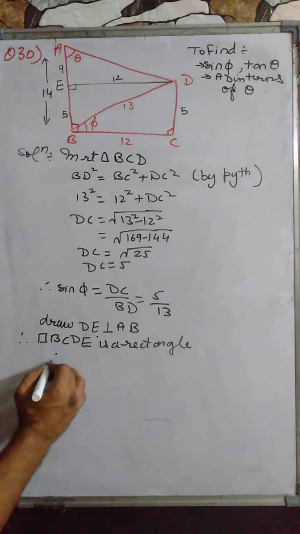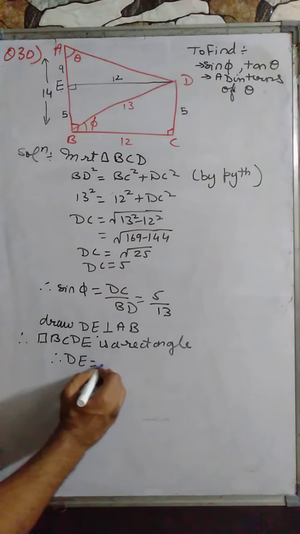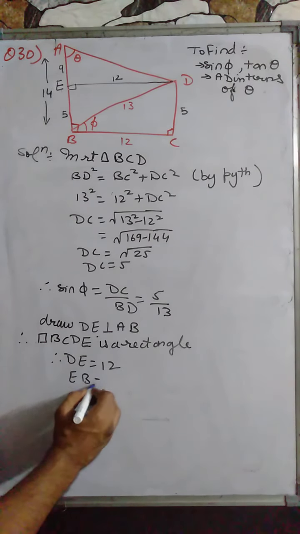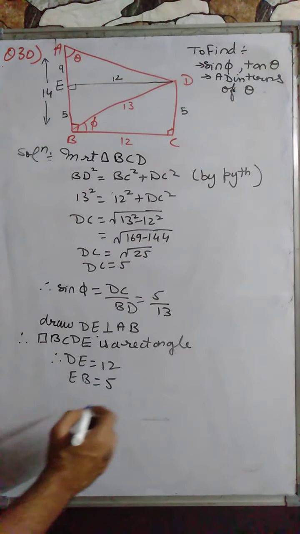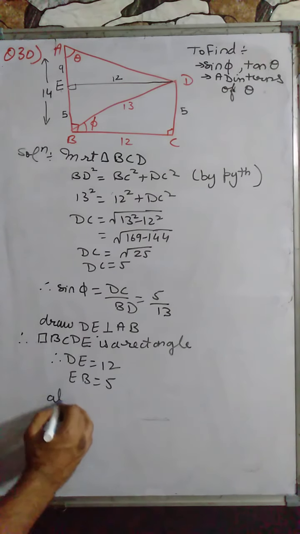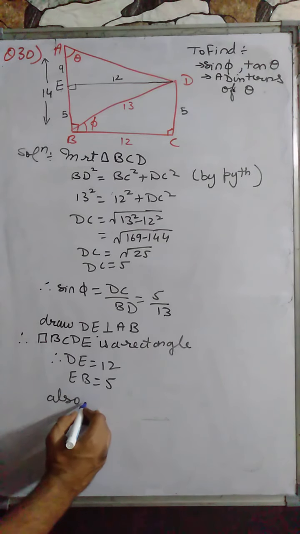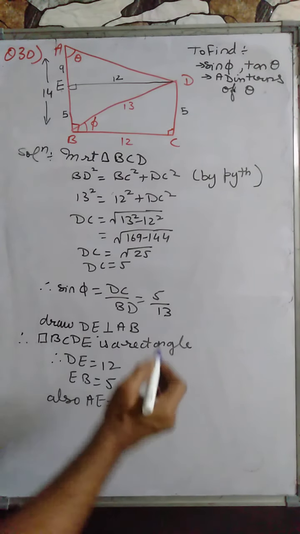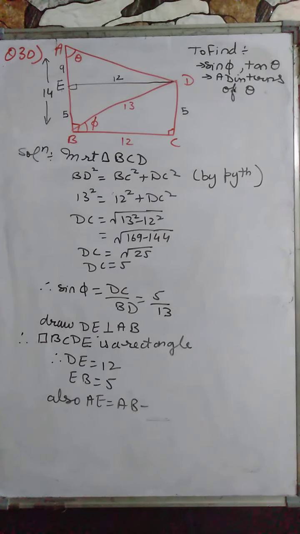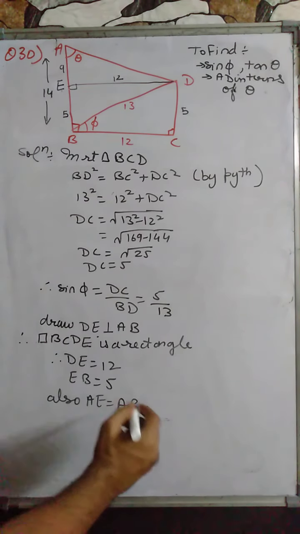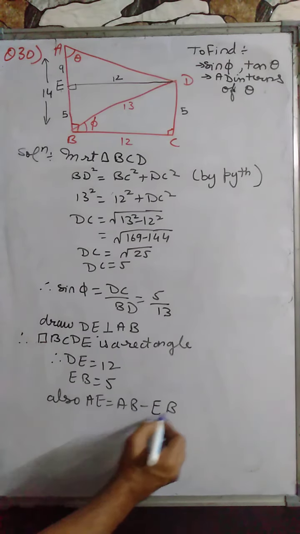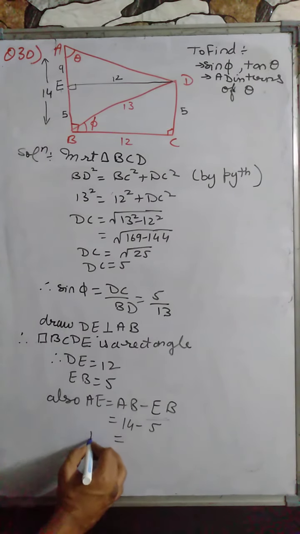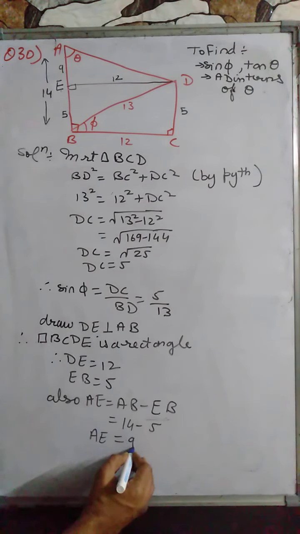Therefore DE is equal to 12 and EB is equal to 5. Also AE is equal to AB minus EB. Your AB is 14, minus 5, so your AE is 9.